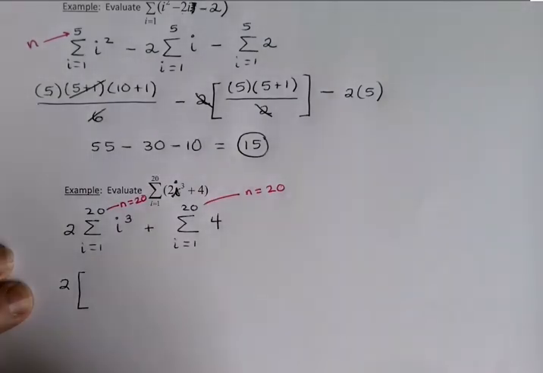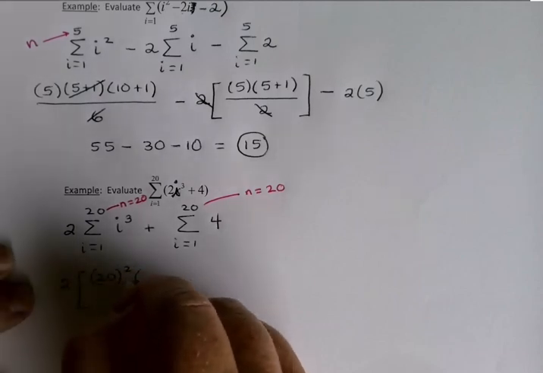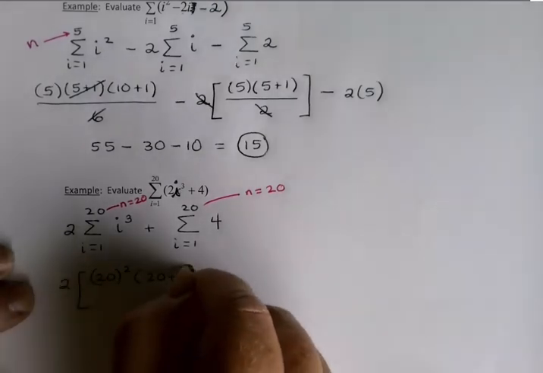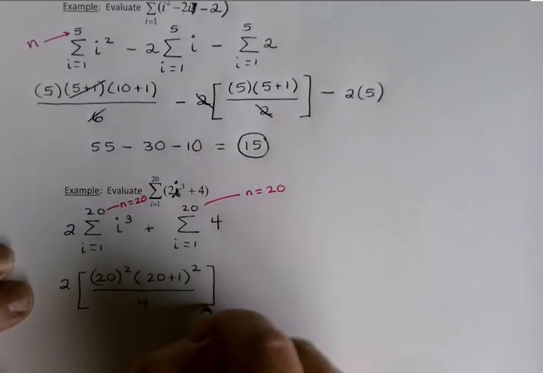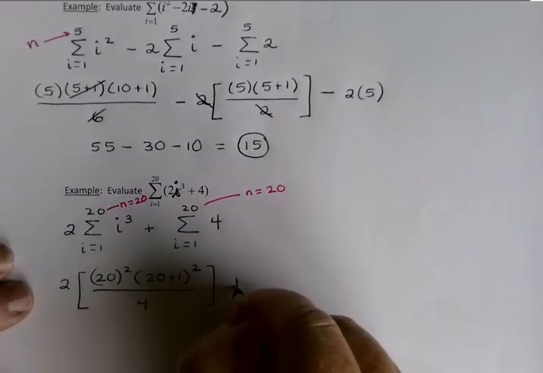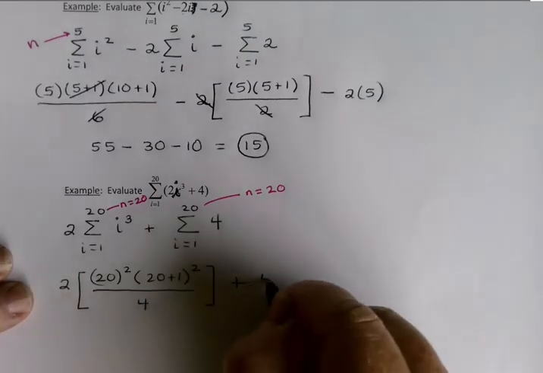So we'd have 20 squared times 20 plus 1 squared over 4. Plus, this is just the sum of a constant. Our constant happens to be 4. So we get 4 times n, 4 times 20.